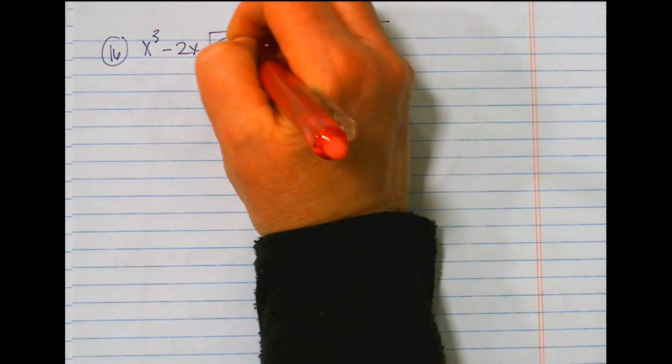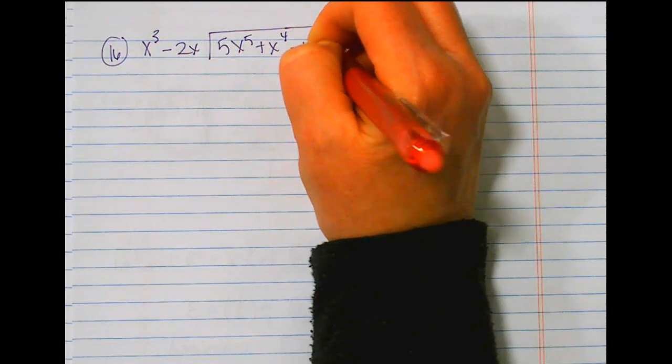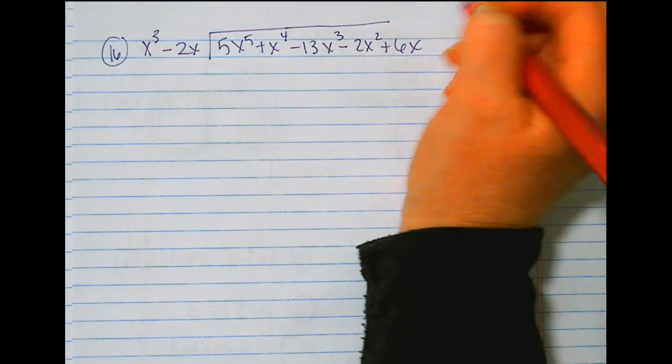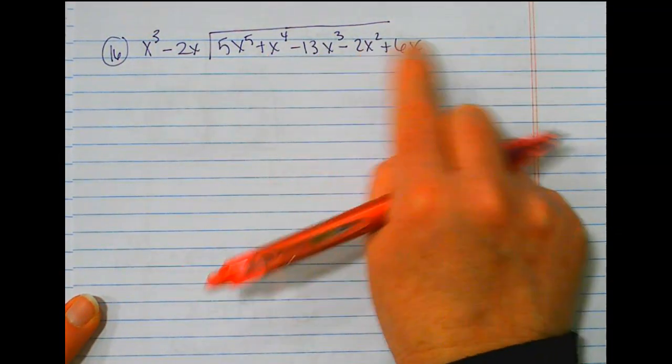Well, there we go. Okay, 16. X cubed minus 2x goes into 5. X to the 5th. Half of the battle is just writing this problem down because it's so long. And this one's nice because it goes 5th, 4th, 3rd, 2nd, 1st degree.